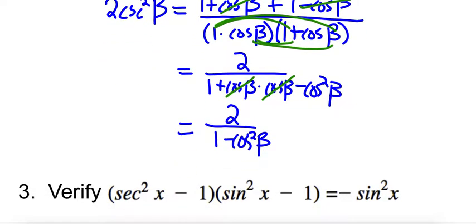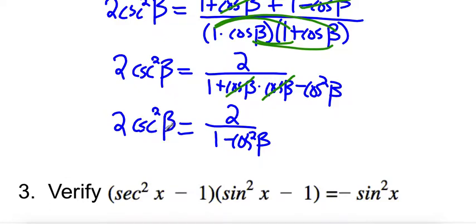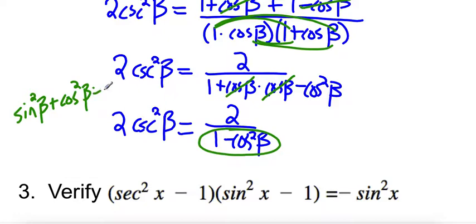Let's see, I'm running out of space here. That's okay. This side, I haven't changed anything about it. Okay, I think I can keep going on the right-hand side. This should make me think of my favorite Pythagorean identity, that sine squared plus cosine squared equals 1.